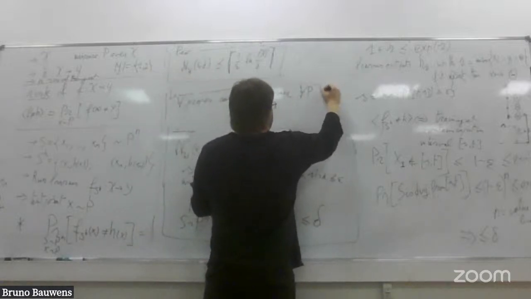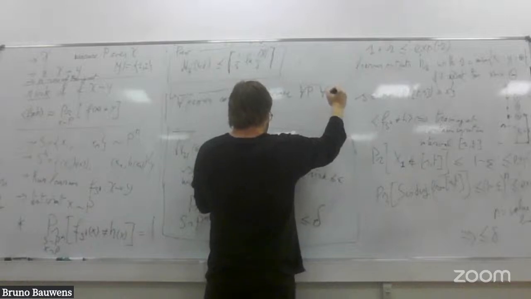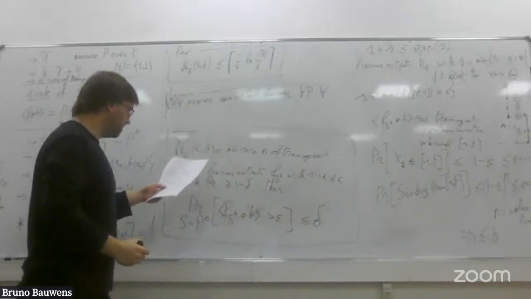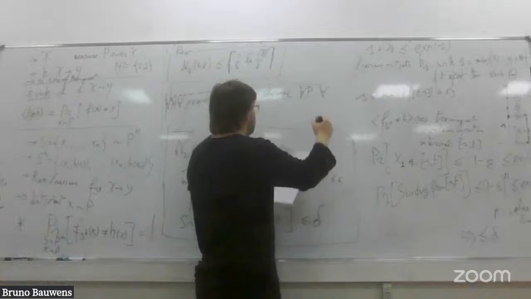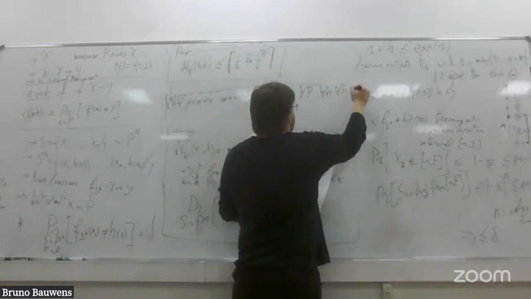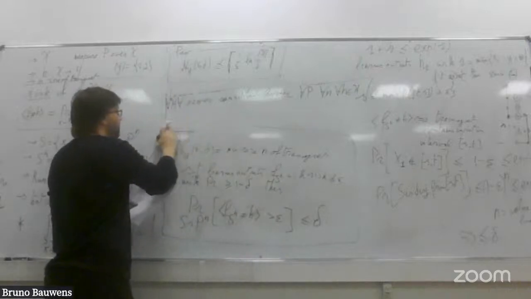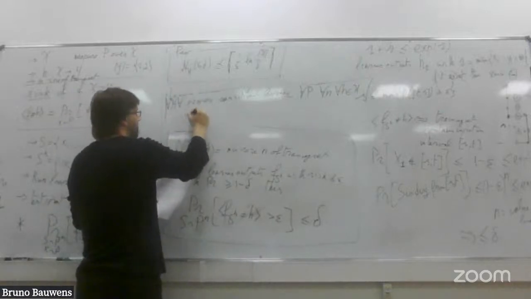I said this holds for all classifiers, for all hypothesis spaces, for all n, and we can bound the probability that such a learner makes a mistake.